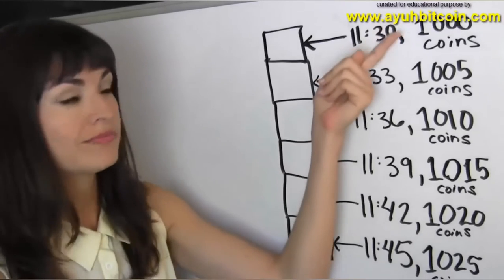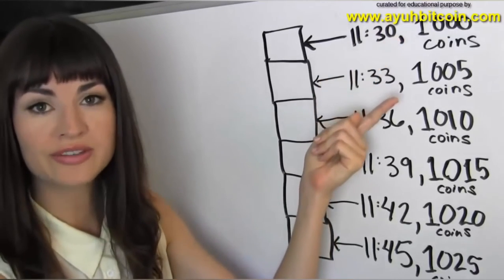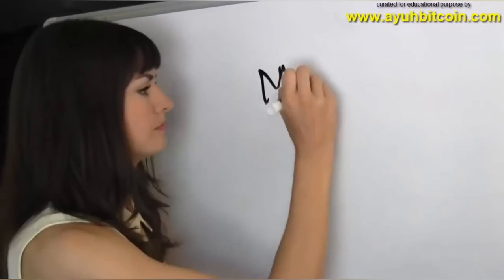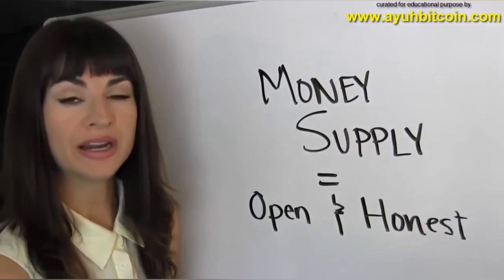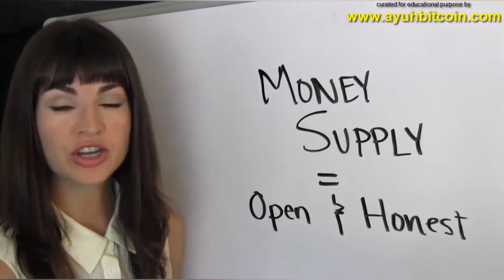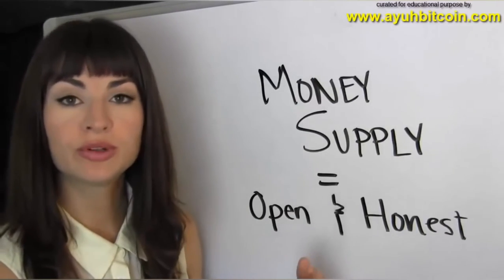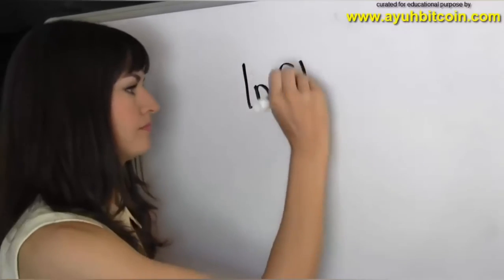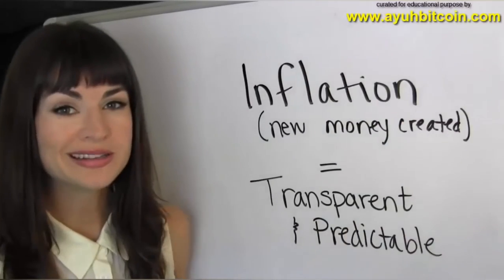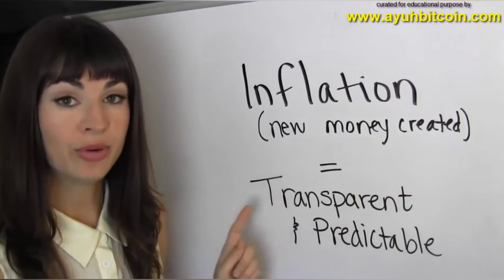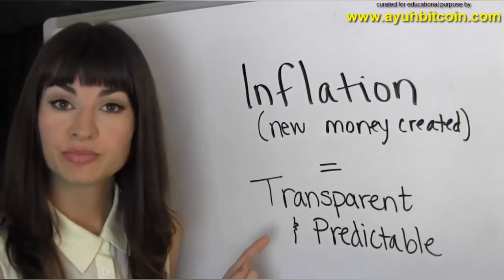As an example, 1,000 coins, then 1,005, then 1,010, and on and on. In this way, our money supply, as recorded on the blockchain, can be considered open and honest. In other words, it's viewable to anybody. This also means that inflation, aka the new money created, is both transparent and predictable.